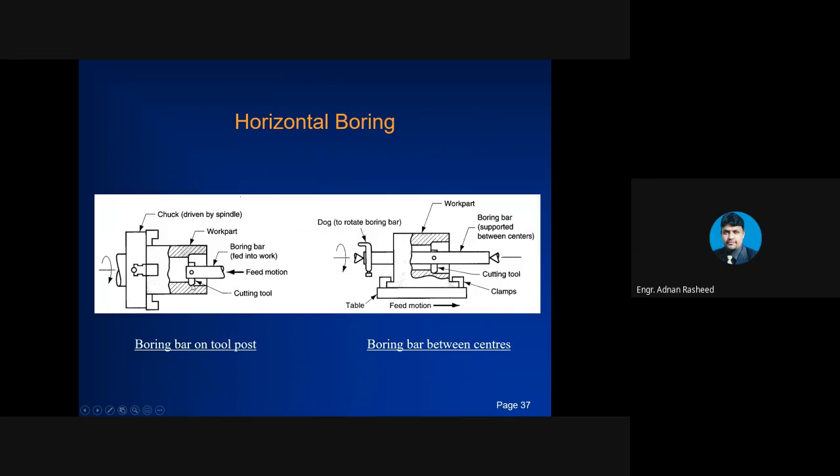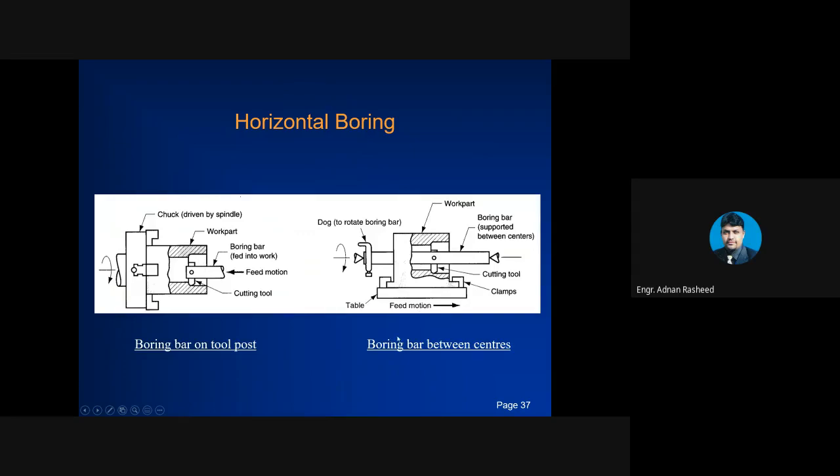The cutting tool is attached internally to the hole, and the workpiece is attached with this spindle, and the spindle rotates. So the spindle rotates, and this boring tool is given feed motion, so it moves linearly to the axis of rotation, and the chuck rotates. In this way, the material is removed from this internal surface and the diameter is enlarged.